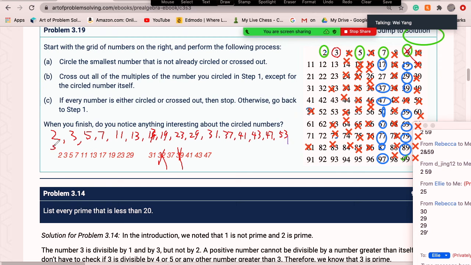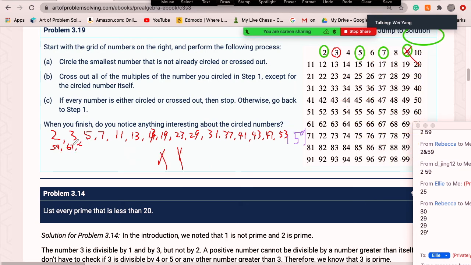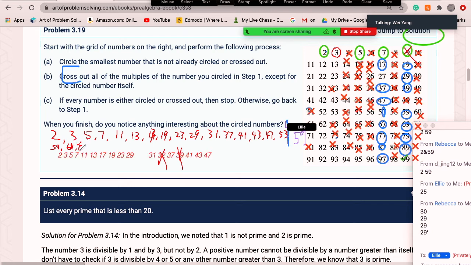Yeah, 53. Then 59. Yes. Then 61, 67. Okay, 61, 67.